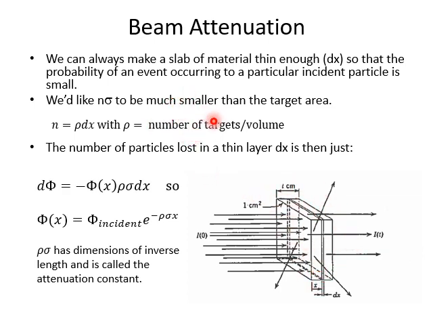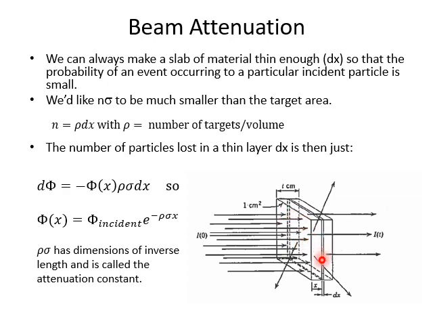What we're going to do is conceptually make some slab of material. So I've got a thick slab of material, but I'm going to chop it up into extremely thin layers of thickness dx, right? And we're going to make dx small enough that the number of target particles in a thin slab dx is going to be relatively small, so that we don't have any particles stacked on top of one another.